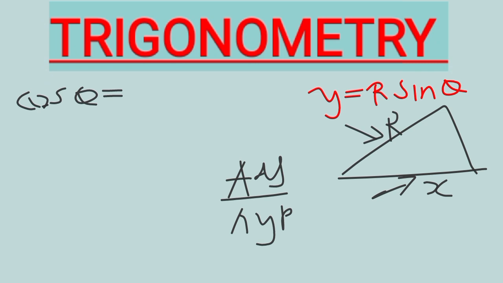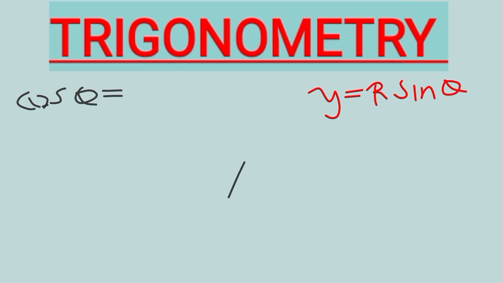So this will be equal to x over r. Where there is adjacent, you put x. So cos theta will now be equal to x over r.